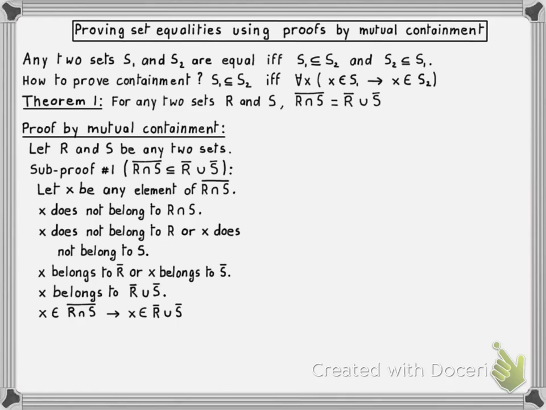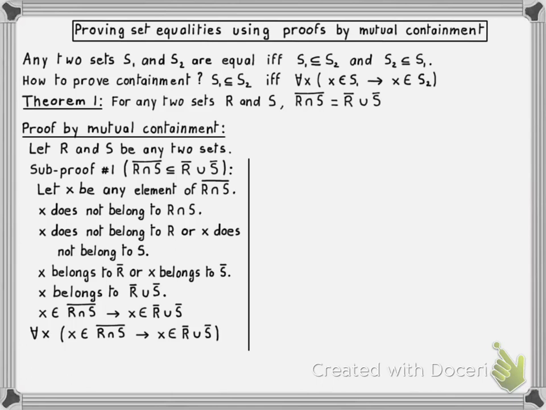Now, up to this point, X is a specific but arbitrary element of the universe, so we just use universal generalization to infer that for all X, the conditional holds. And this concludes the first subproof of this proof by mutual containment.